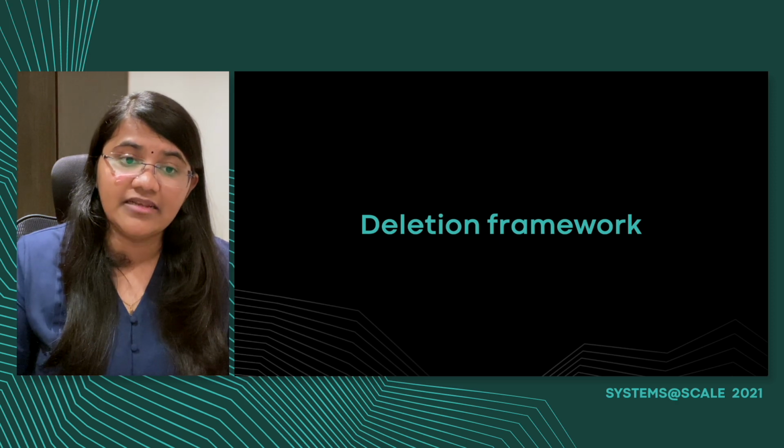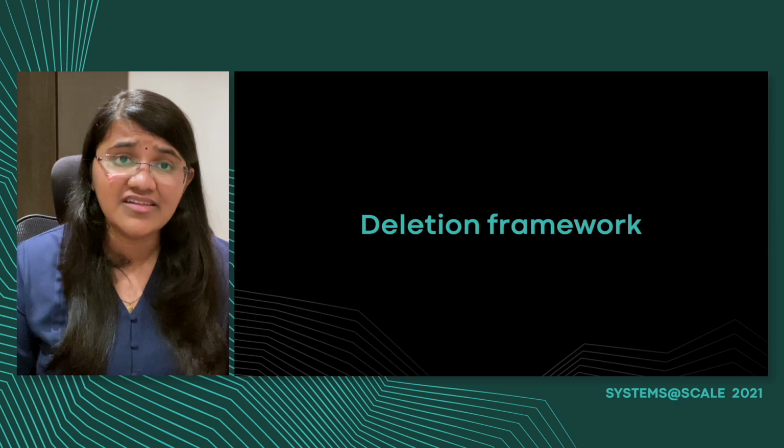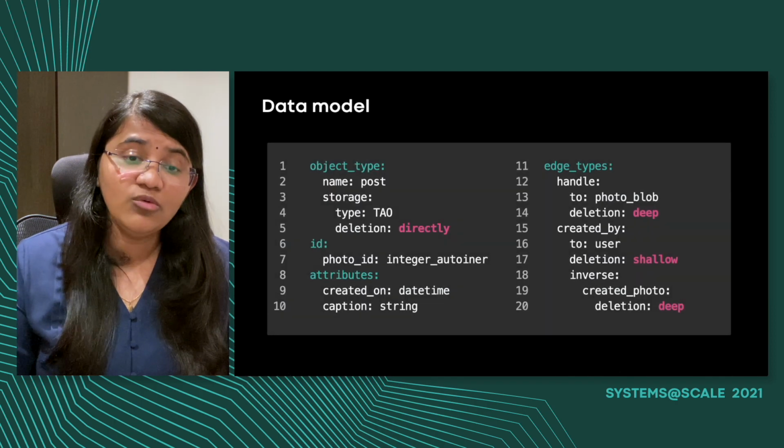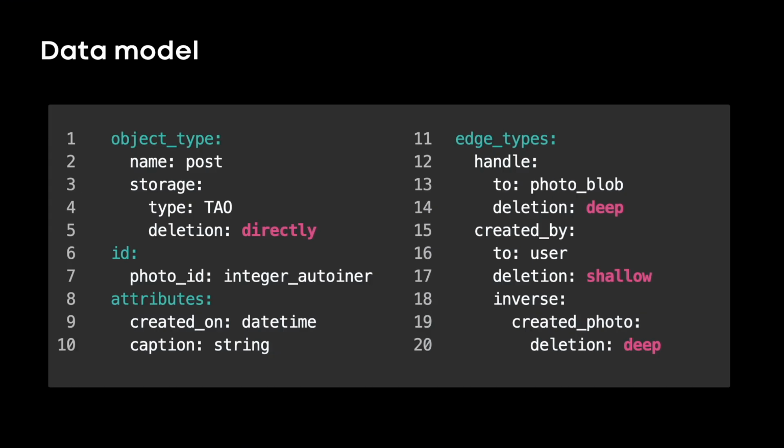Now let's understand the data model we have at Meta. We use the graph data model whose main entities are objects and edges. Objects are the nodes in the graph. For example, in this slide, it's the post. Now, the next entity is edges, which represents the relationship between objects.